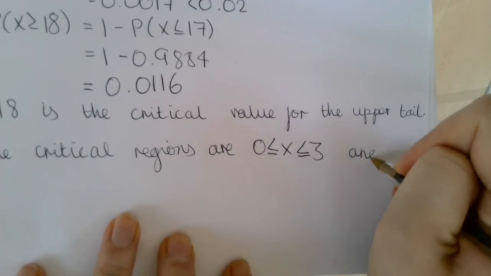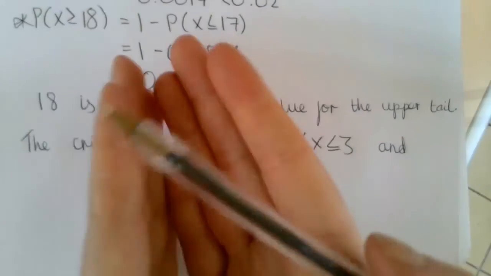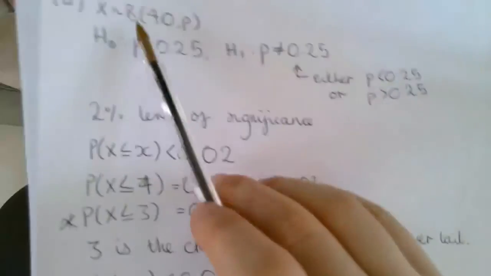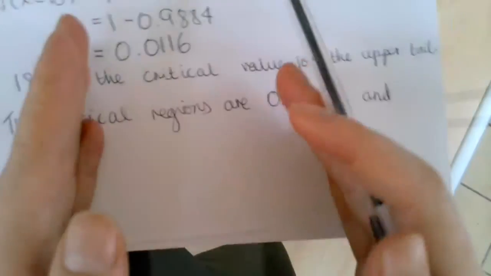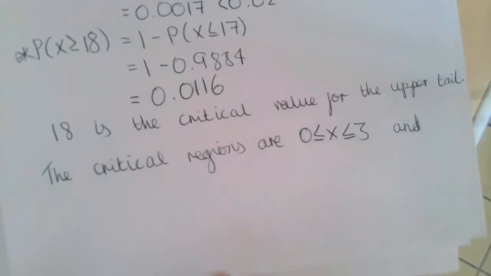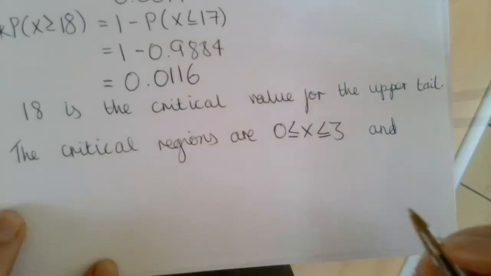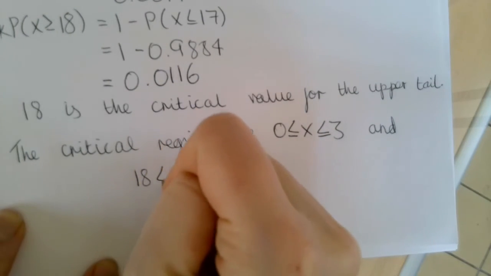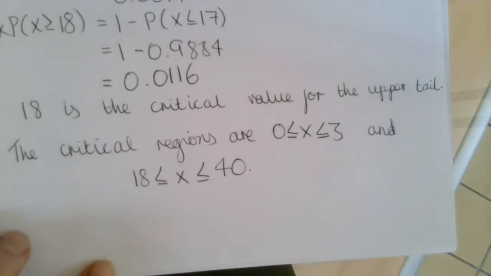And then our upper tail was 18. So from 18 up to 40, which is the number of trials, the probability that x is greater than or equal to those values between 18 and 40 is going to be less than 0.02 as well. So we've got 18 less than or equal to x, less than or equal to 40.